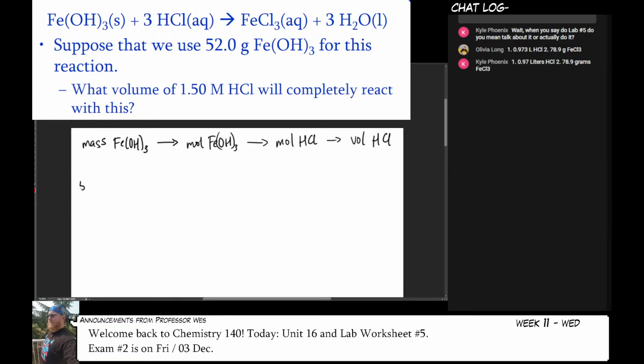So we're going to start with our mass, and we'll turn that into moles, and we'll turn that into moles HCl.